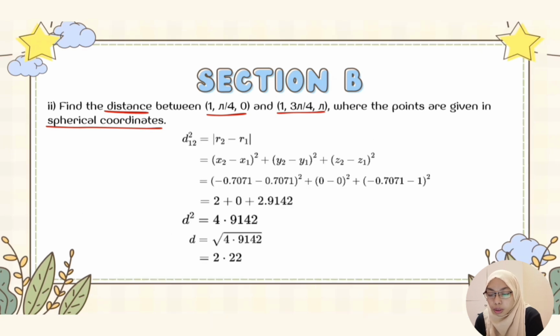After we know the r1 and r2 coordinates in Cartesian coordinates, we can find the distance. D square equal to r2 minus r1, which is x2 minus x1 square plus y2 minus y1 square plus z2 minus z1 square. And we insert the values that we calculated before, and we can get d square equal to 4.9142, d equal to square root of 4.9142, and we can get the last answer is 2.22.